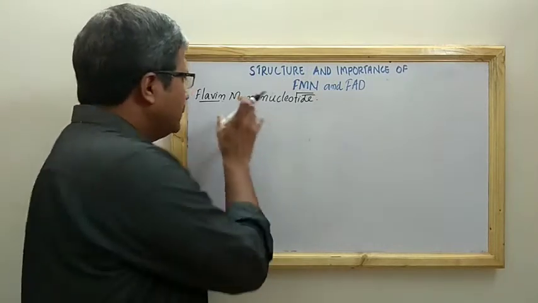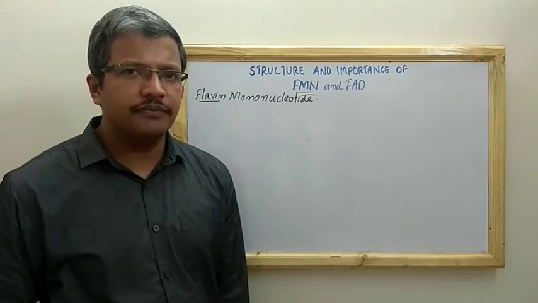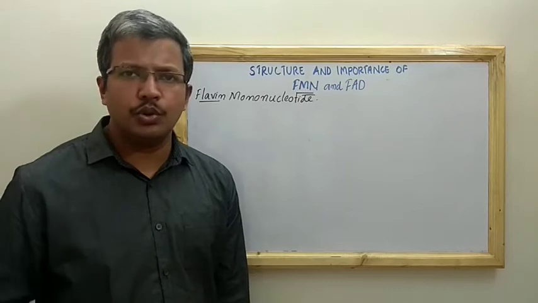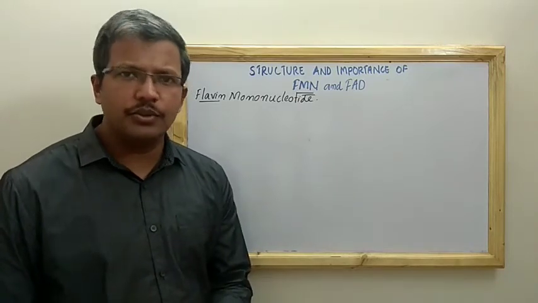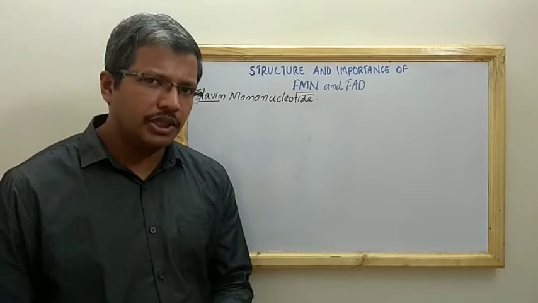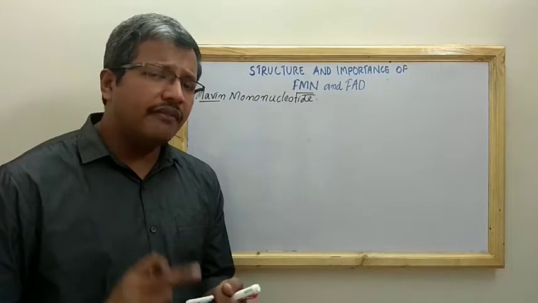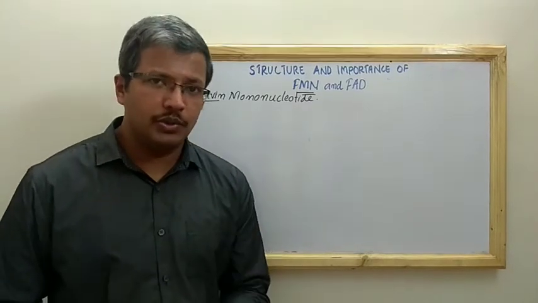So it is actually there, and then ribose sugar is there, and then the phosphate group is there. So that's why flavin mononucleotide. We know that in a nucleotide, sugar will be there, then phosphate will be there, then a nitrogen containing molecule will be there. That is what actually is meant by the nucleotide. So flavin mononucleotide, only one nucleotide is there, that's why mononucleotide.